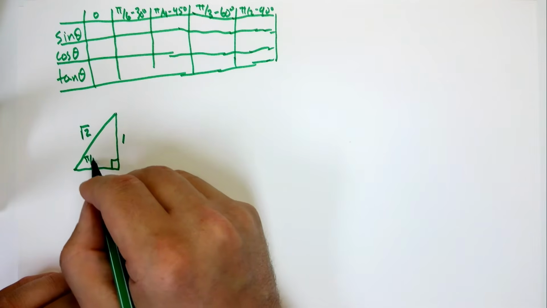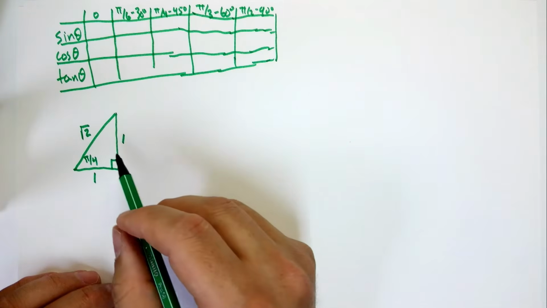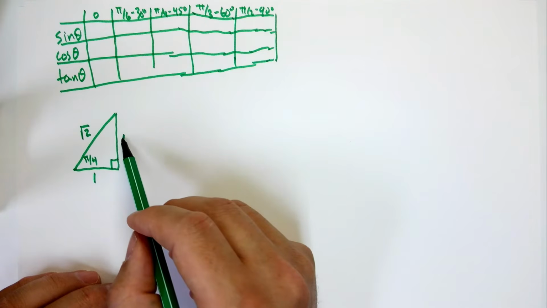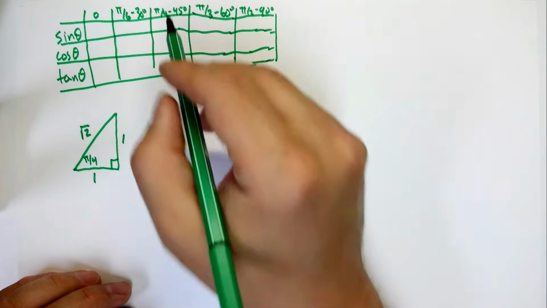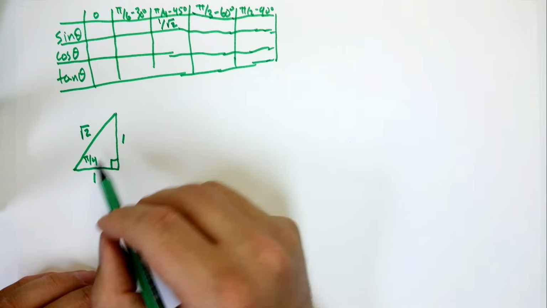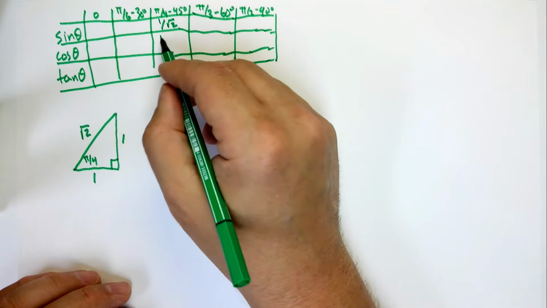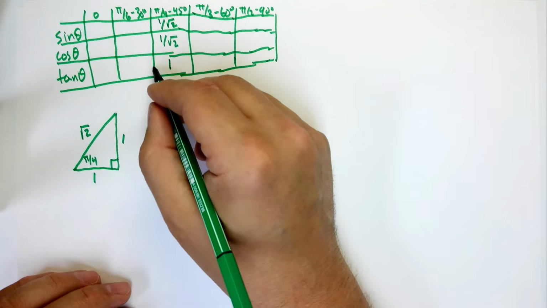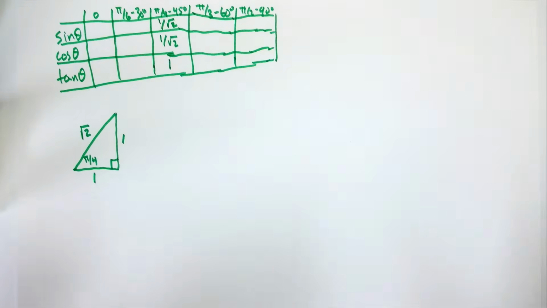So here's our little angle. And now we can just look at the measurements. So opposite over hypotenuse says that the sine is 1 over root 2. Adjacent over hypotenuse, 1 over root 2. Opposite over adjacent, 1. Done. Good.